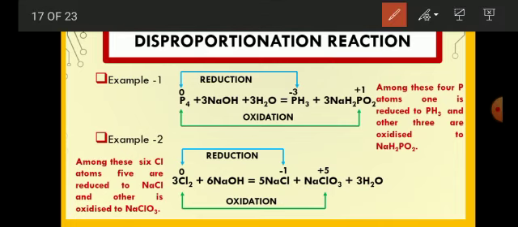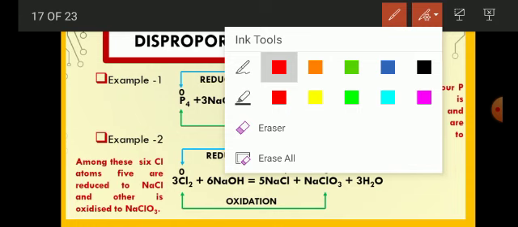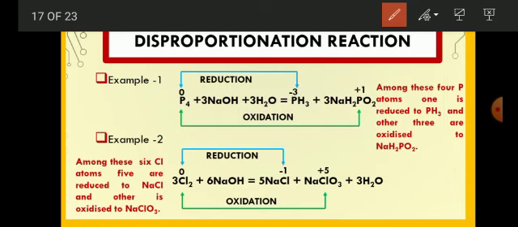So you can observe here that reduction and oxidation take place at the same time. So here your phosphorus is getting reduced to PH3, and oxidation also takes place, and the other 3 are oxidized.